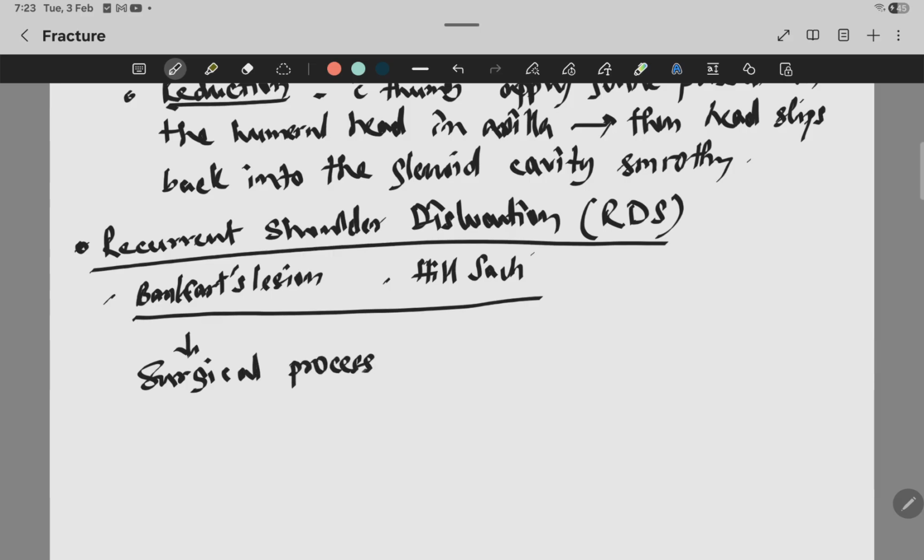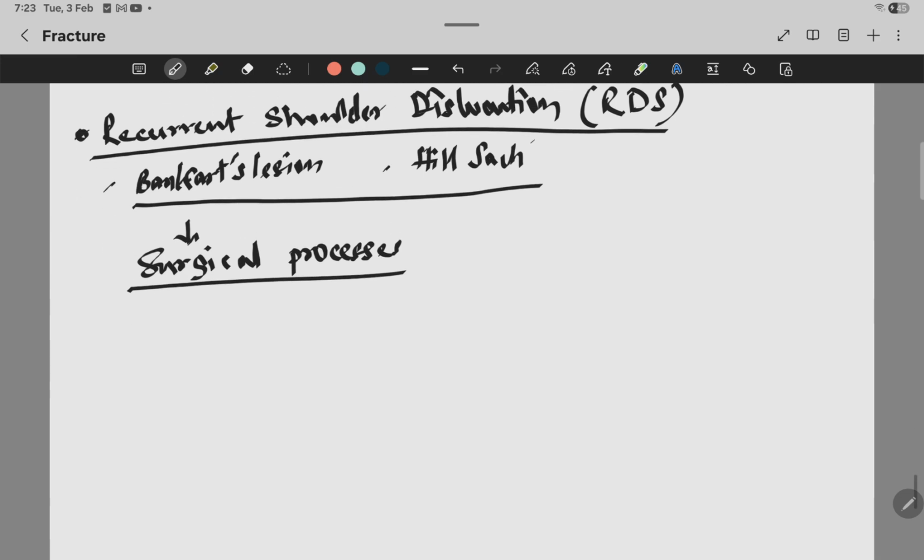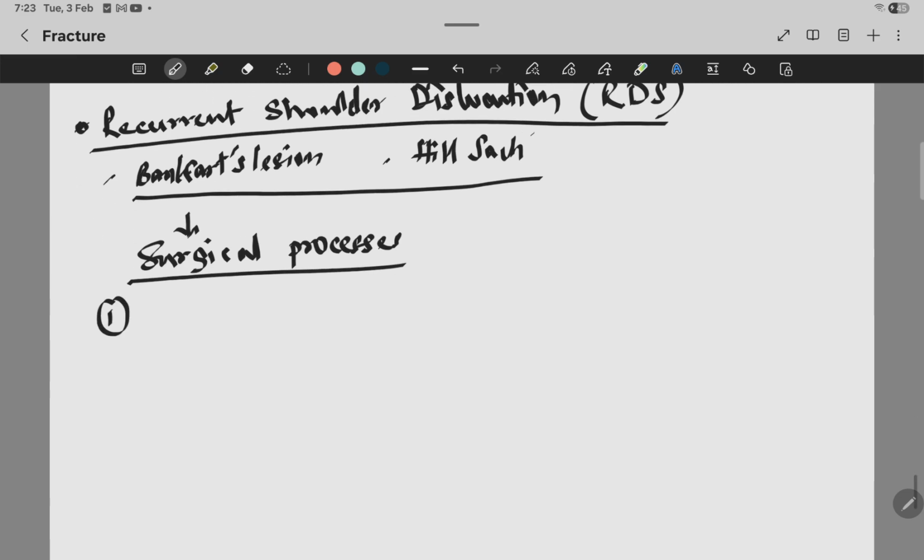What are the surgical processes? Number one is Bankart's operation.